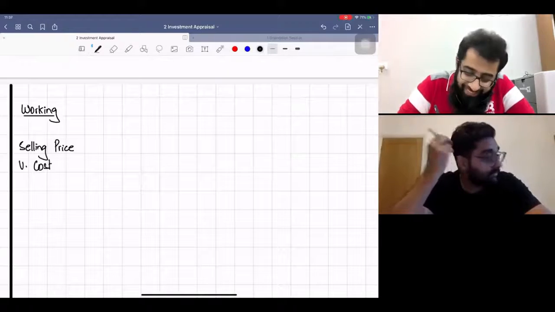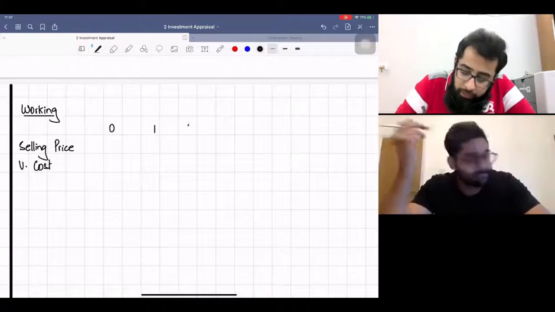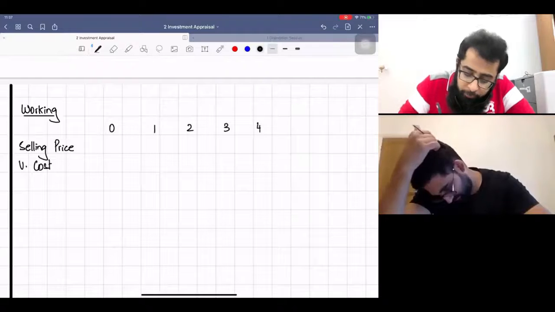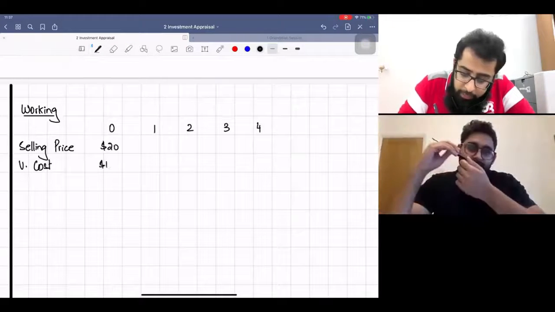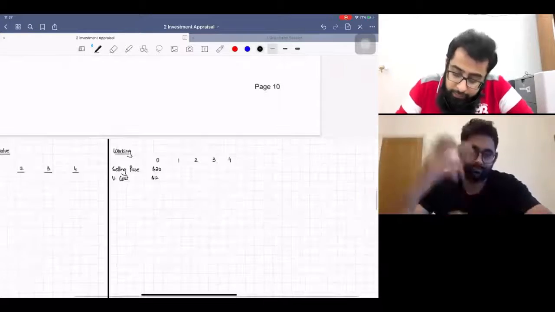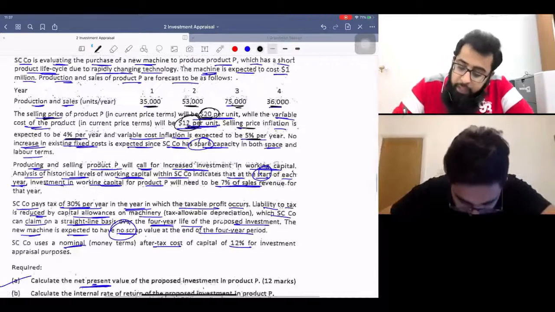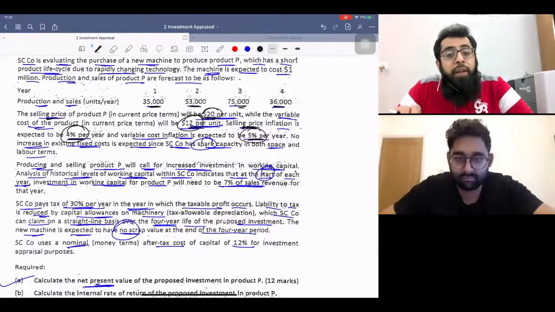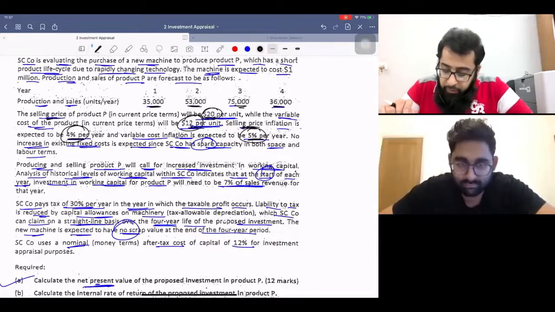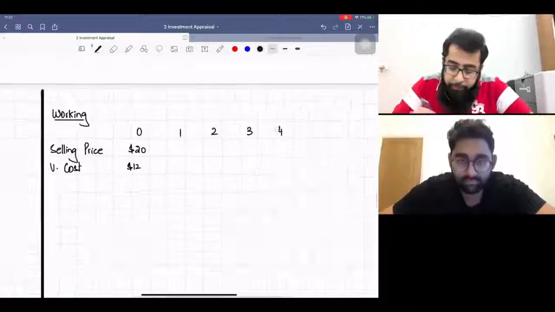Year 0, 1, 2, 3, and 4. The selling price is $20 and variable cost is $12. Selling price inflation is 4% and variable cost inflation is 5%. First let's complete the selling price.